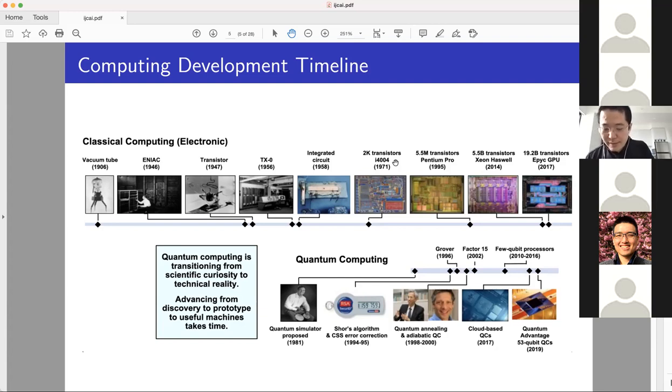Until recent days, there were only a few qubit quantum processors. About 2 years ago, Google announced their quantum advantage because they developed their 53 qubit quantum computer. They announced quantum advantage because with a stable 50 qubits, many applications can be used in quantum computers.